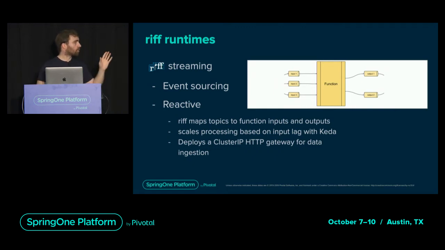Of course, here I show a single function with several inputs and outputs, but these output topics could also be inputs for another function, etc. And that's how you can build an entire pipeline. But as I said, you need to feed some data in. That's what the gateway is. Also, the shape of that gateway may change in coming weeks.